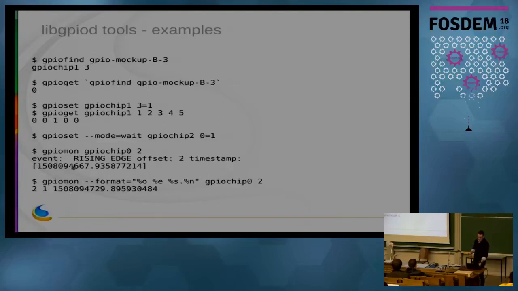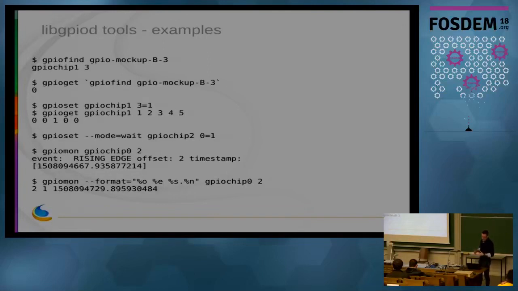And then the GPIO mon tool allows you to monitor line events. In this case, you can specify either one or more lines associated with a GPIO chip, and then GPIO mon will print the events as soon as they arrive. Actually, it should be on a single line.